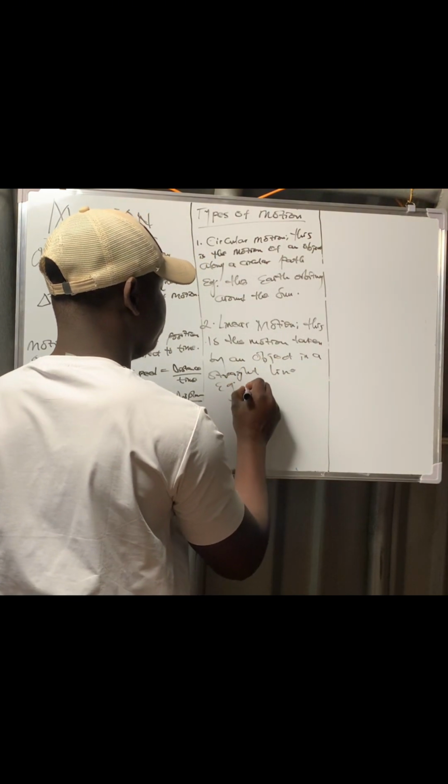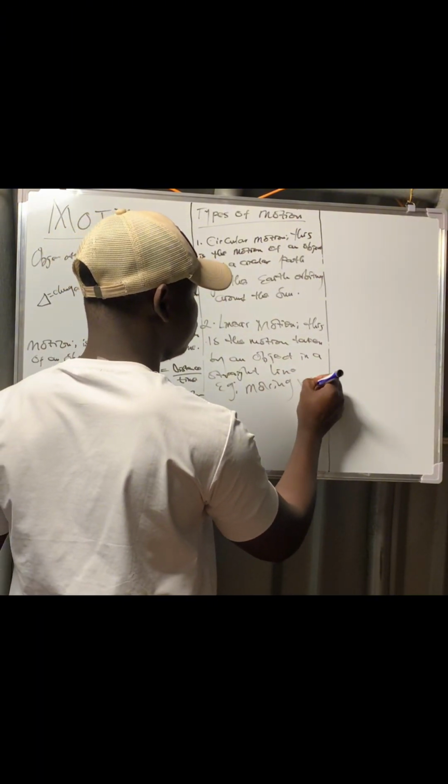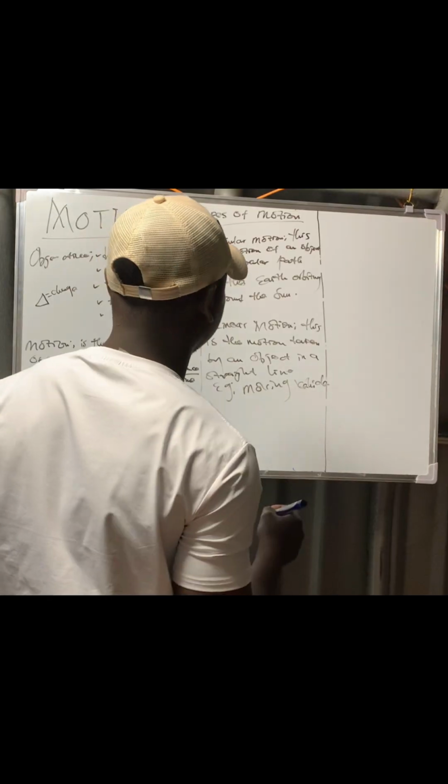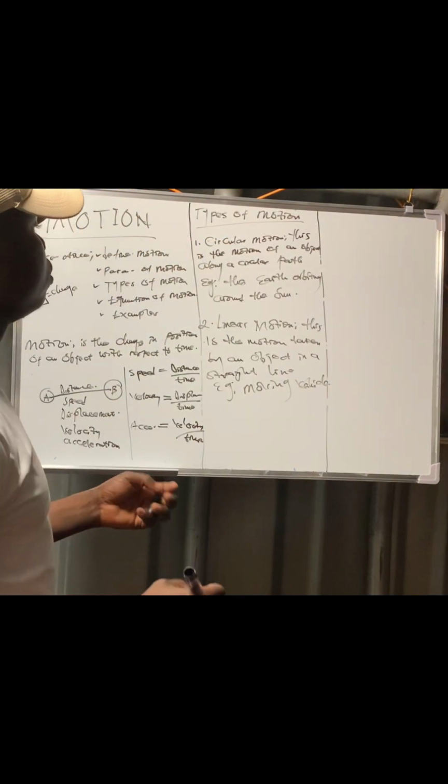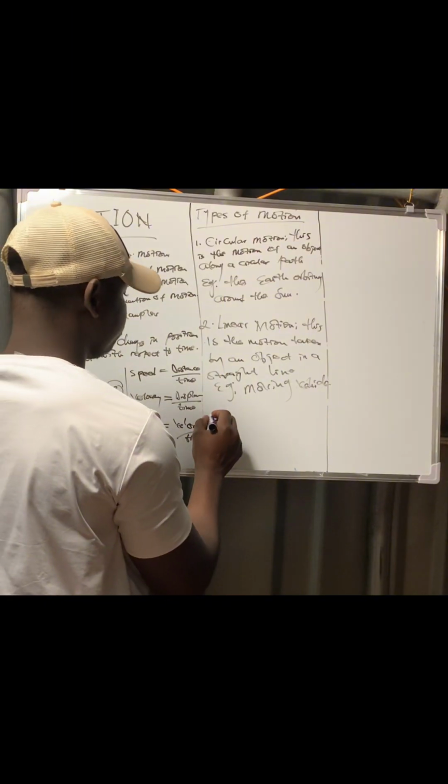Example, a moving vehicle. What I'm saying is that a moving vehicle cannot move in a circular motion. So one of the basic examples of linear motion is a moving vehicle.